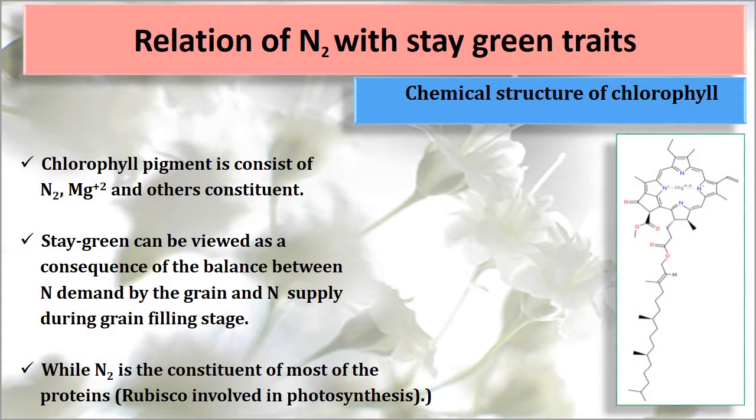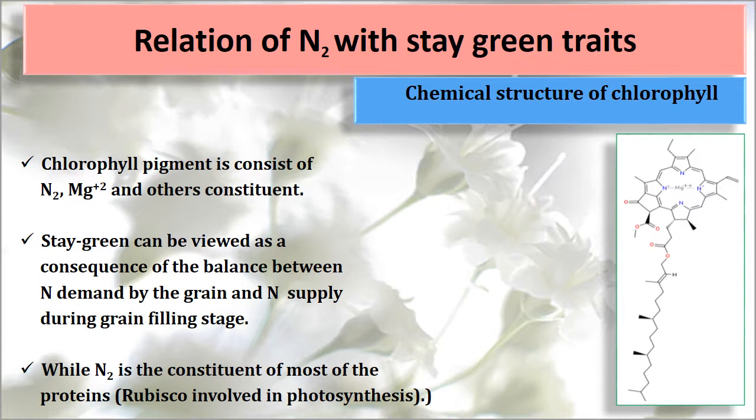Relation of nitrogen with the stay-green traits. The first and foremost factor was the physiological or biochemical mechanism, the second was the chlorophyllase activity, and the third is the relation of nitrogen with stay-green traits. This is the chemical nature of degradation.